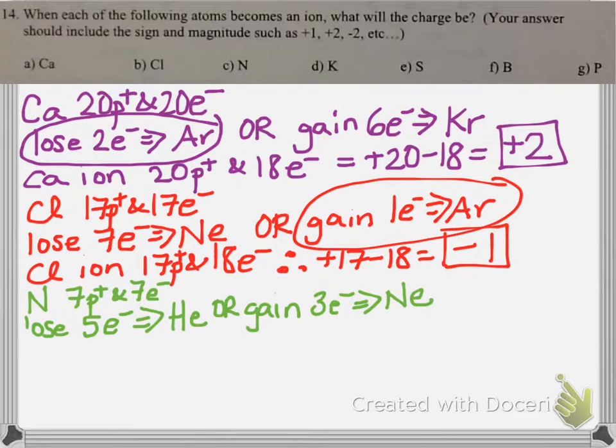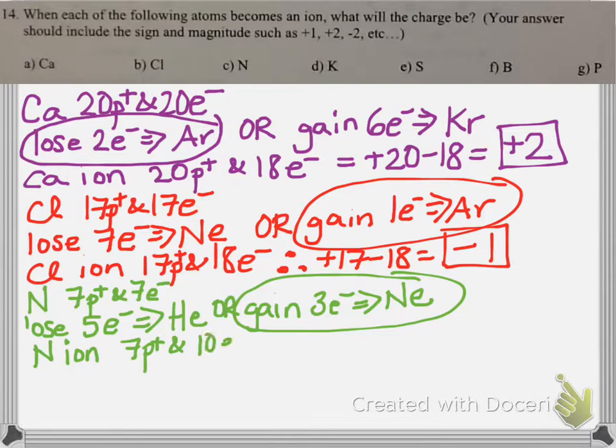Again, it's going to do whatever is easier, so it's going to gain 3 electrons to be like neon. So nitrogen as an ion is going to have 7 protons and 10 electrons. Therefore, positive 7 minus 10 gives me a charge of negative 3.